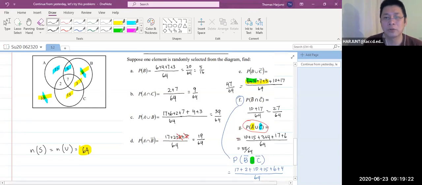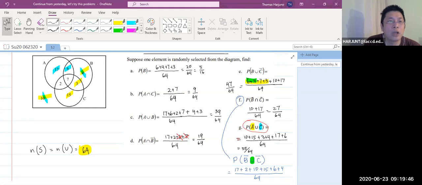Now, let me ask you to copy that down first while I pick a question from our textbook. Our textbook tends to work with contingency tables, but I tend to work with Venn diagrams to balance it.